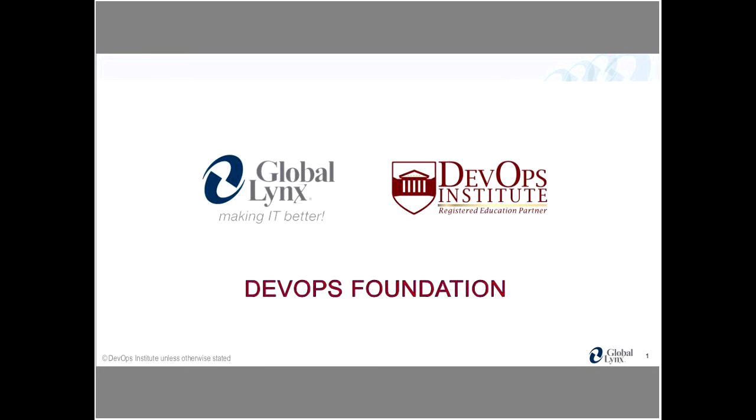Okay, then let's get started. The purpose of this class is to make sure that you have a common understanding of this thing we call DevOps and what its goals are, its business value, the vocabulary that's used, the concepts, as well as the practices that are involved. And I'd like to start out by mentioning that people have a lot of different conceptions of what DevOps is, and we're going to be clarifying that throughout the class.